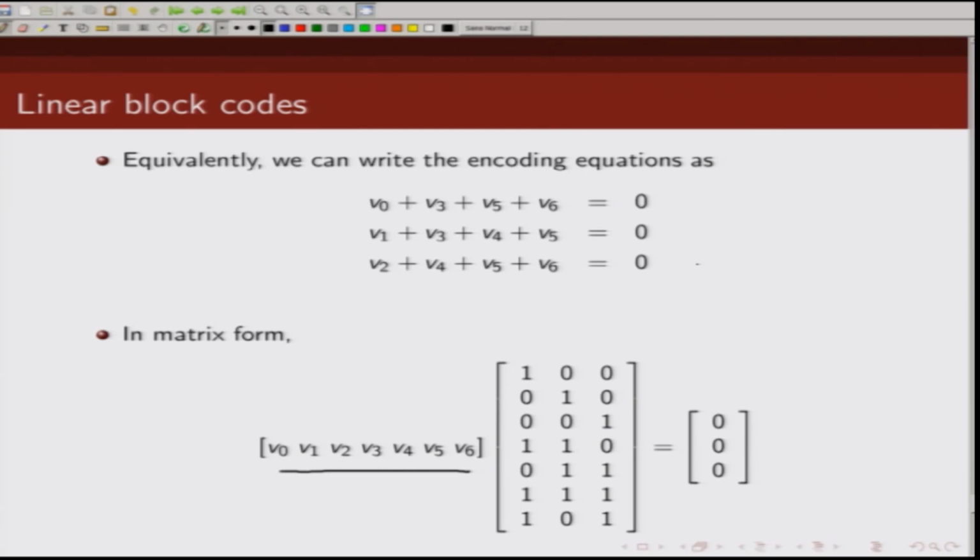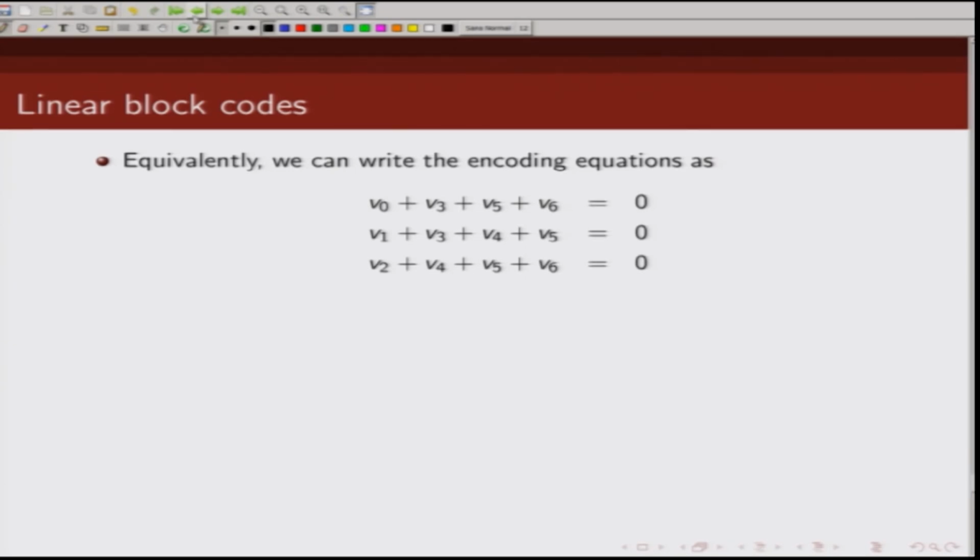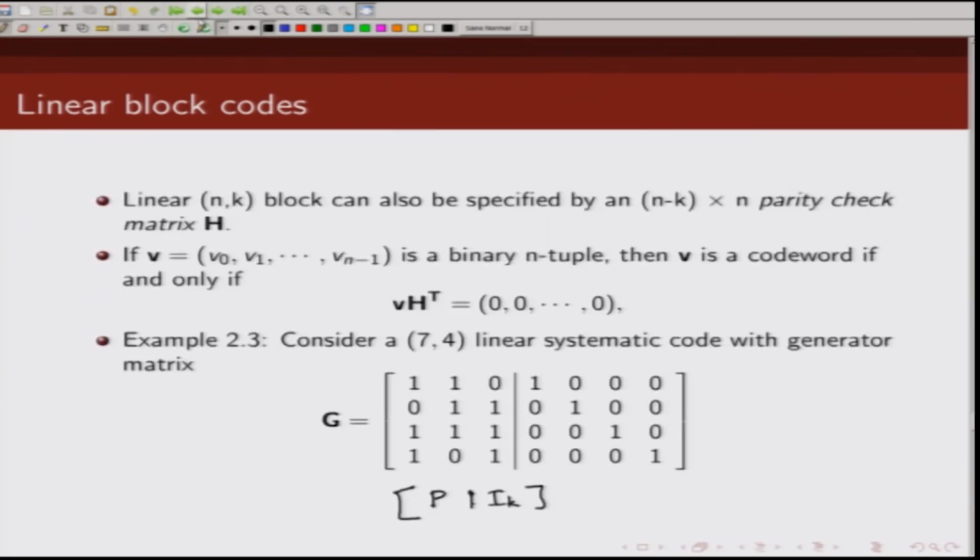Similarly, you can see this equation, V1 plus V3 plus V4 plus V5 is equal to 0, and this last equation, this is V2 plus V4 plus V5 plus V6 is 0. And what did we say about the parity check matrix? We said that if H is a parity check matrix, it is an n minus k cross n matrix, and it has this property that V H transpose is 0.